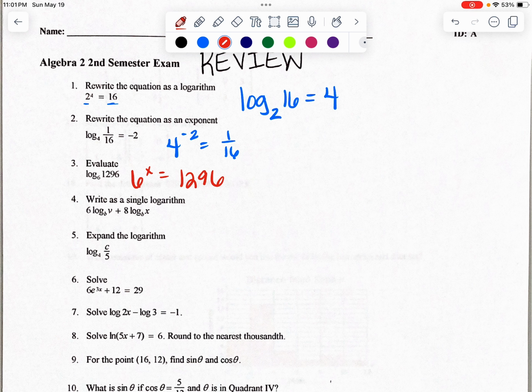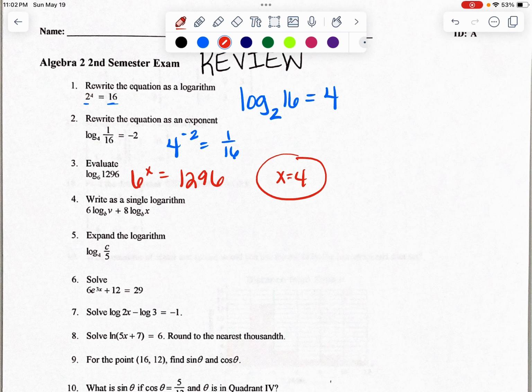This one happens to be 6 to the 4th power, so the value of the logarithm is 4. You could also use the change of base formula. That works really well. It's probably a little less guess and checky, but whatever works for your brain on number 3. But that's all you're doing. You're just trying to figure out what the value of the logarithm is.